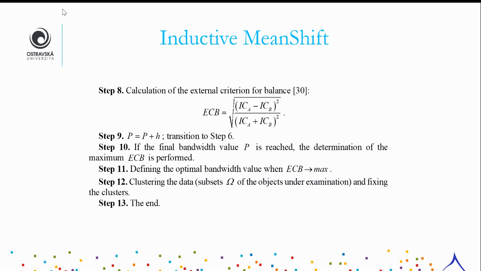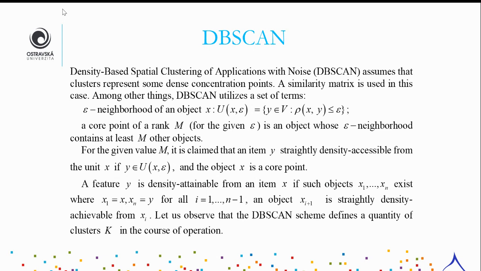Then we provide some update of our parameters. We rescale our bandwidth value and the general processing procedure goes on until the maximum value of the external criterion is reached. Then we fix a number of clusters and we stop the general processing of the algorithm.